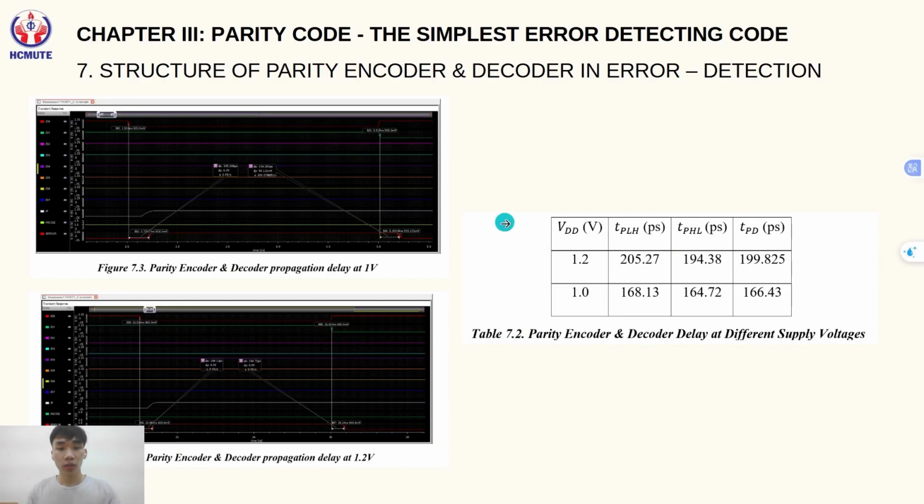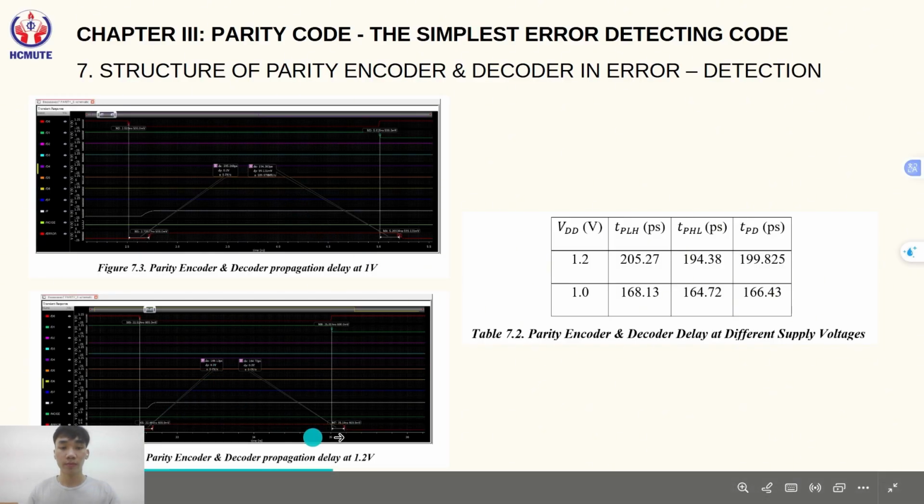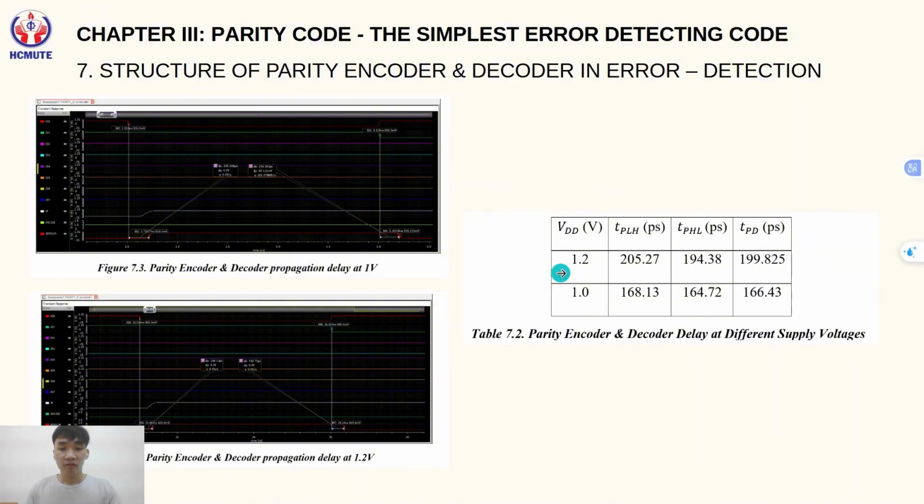And here is the output error bit delay time, meaning the time from applying the 8-bit data to the error flag activation. When we increase VDD from 1 to 1.2 volts, the delay increases slightly, but the parity encoder and decoder have acceptable delay, ensuring immediate error detection after data input.